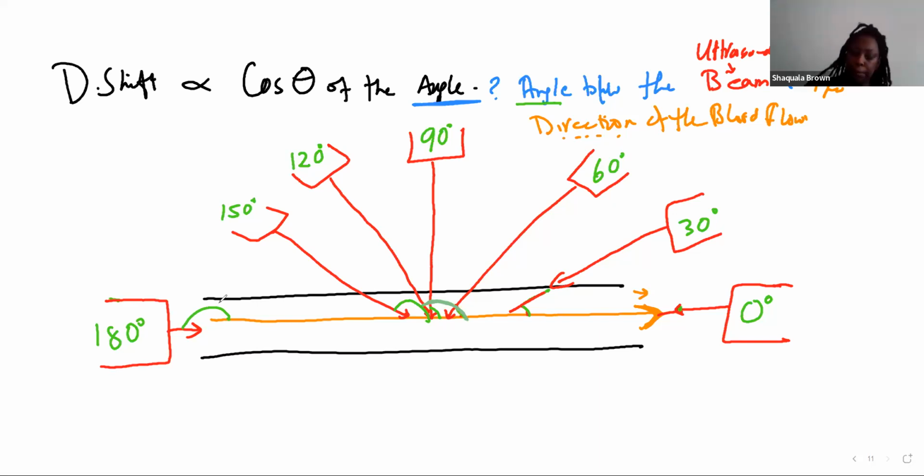Yes. Right, okay. Does that mean that you can't scan from 70 degrees, 80 degrees, 50 degrees, 40 degrees, 20 degrees, 10 degrees? 100 degrees, 110 degrees, 130 degrees, 140 degrees, 160 degrees, 170 degrees?